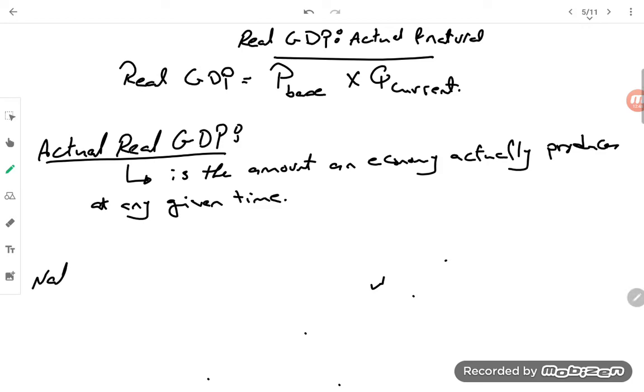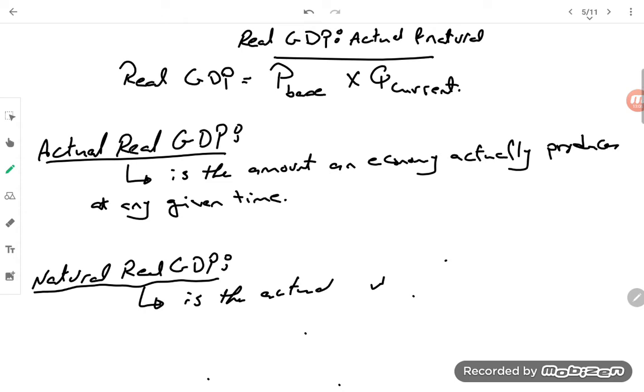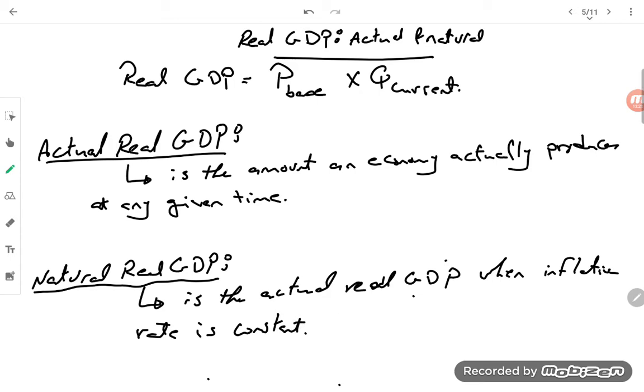While natural GDP is the actual real GDP when the inflation rate is constant with no tendency to change.